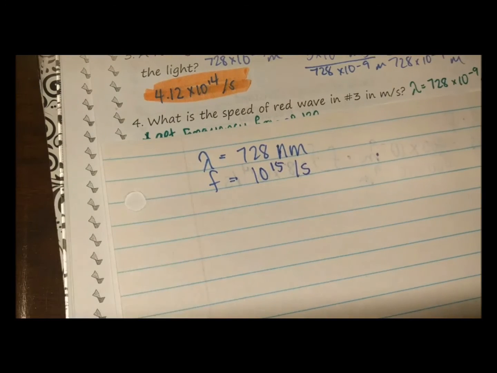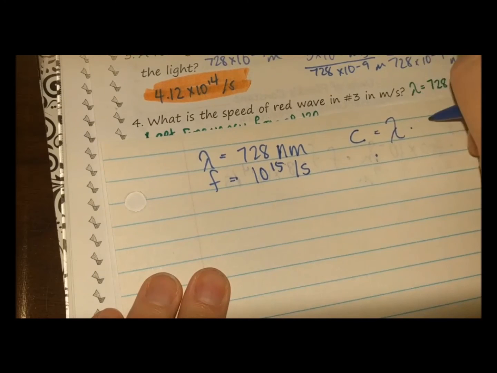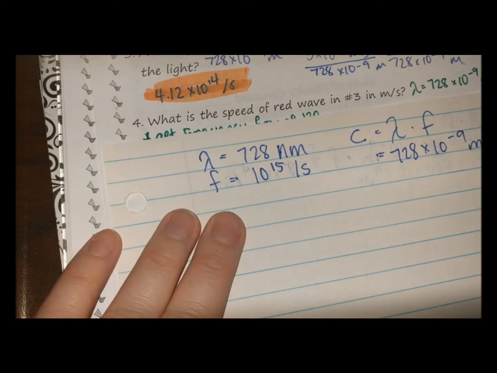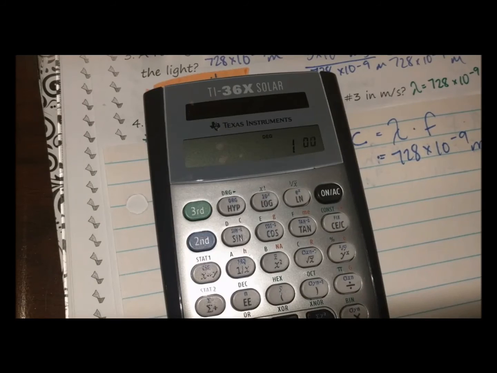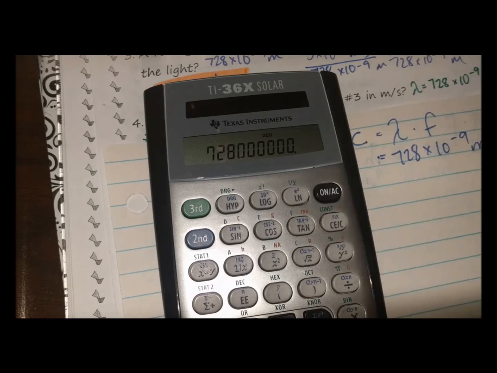So for speed of light, we have speed of light as wavelength times frequency. Make sure we plug in our wavelength as meters. And our frequency would be times 10 to the 15th power. Notice when I'm putting in the 10 to the 15th power, I'm putting a 1 and then my times 10 button and then 15, so I don't mess anything up here.